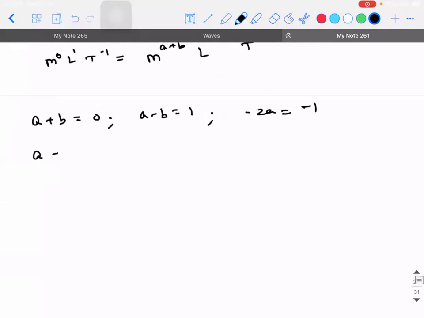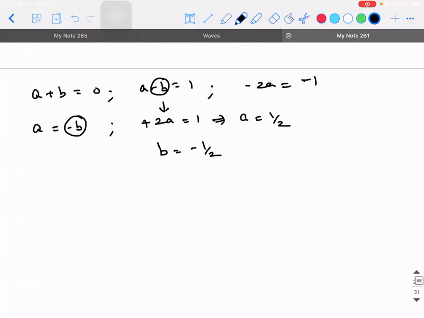So a plus b is 0 means a is equal to minus b. Minus 2a is equal to minus 1. Sorry, 2a is equal to 1, because in the place of minus b, I replaced it with a. Then I got 2a is equal to 1, which implies a is equal to half. So when a is half, b will be minus half.